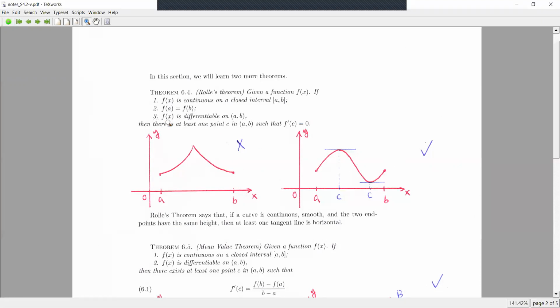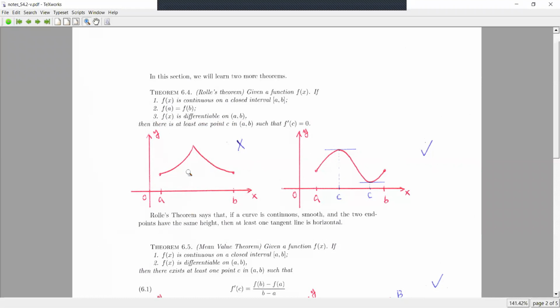Condition 3. Function is differentiable everywhere over this interval. Over the interval means everywhere between A and B. This curve is not differentiable everywhere between A and B because this curve has a corner here. At a corner, the function is not differentiable.